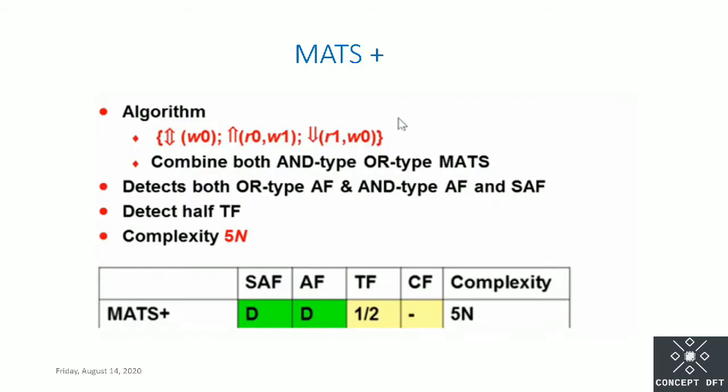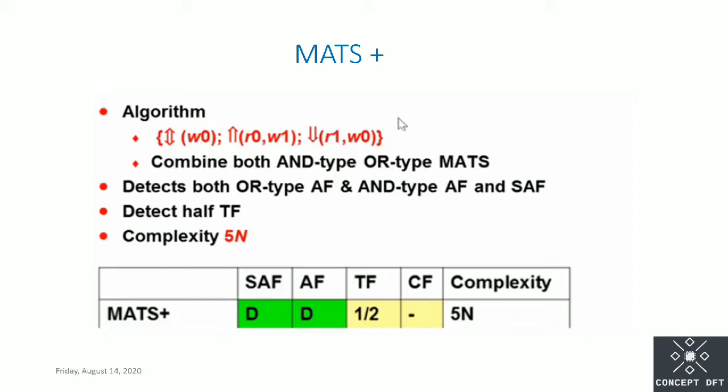MATS plus algorithm. This algorithm is made by combining AND type and OR type. The sequence of this algorithm is: write 0 in any direction, then read 0 and write 1 in ascending direction, then read 1 and write 0 in descending direction.